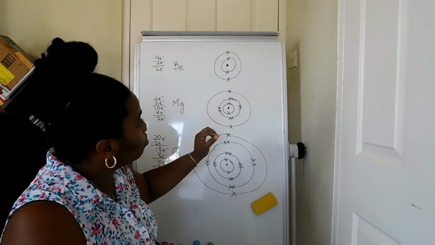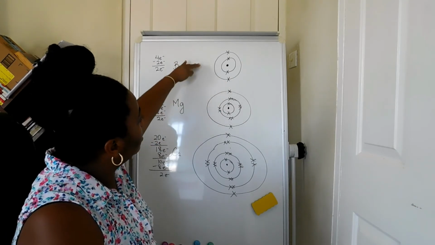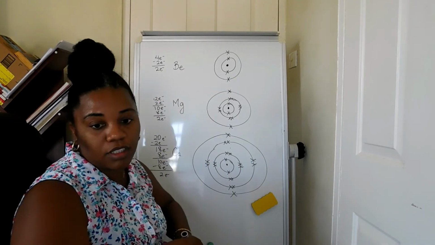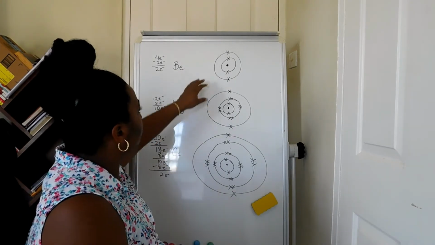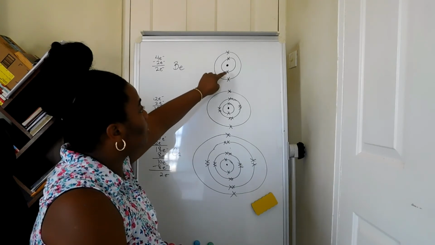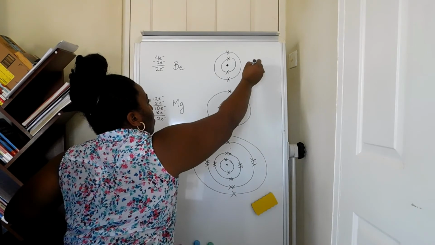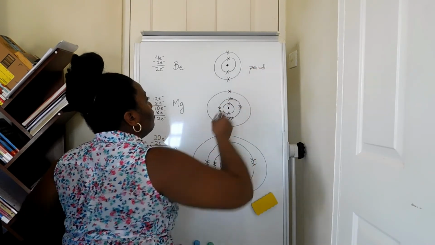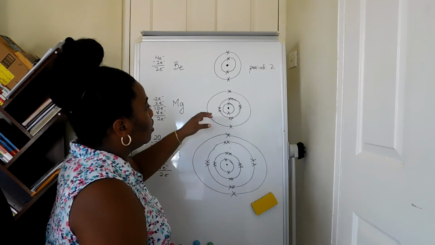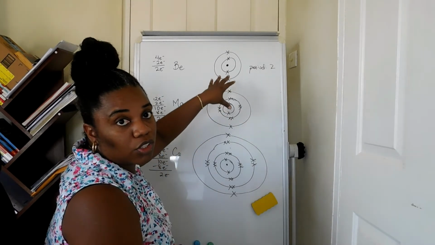In group 2, the outermost electron, if you look at it, let's just start with beryllium. Beryllium is in period 2. It has 2 rings. So because it has 2 rings, it's in period 2. And like I said, every time you move into the next period, the electrons have moved into another energy level.